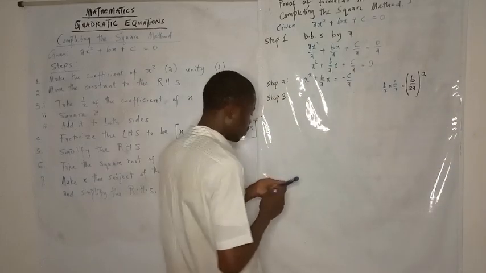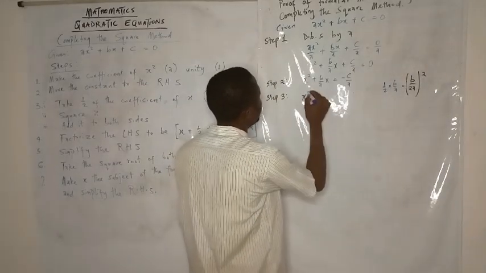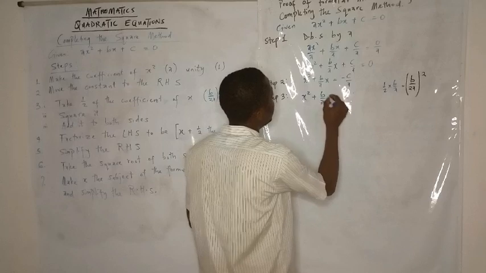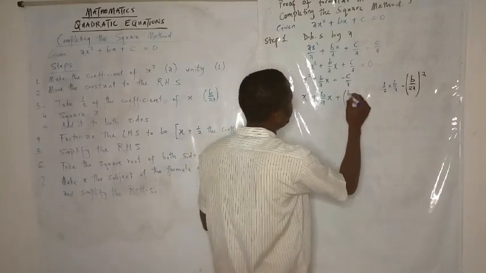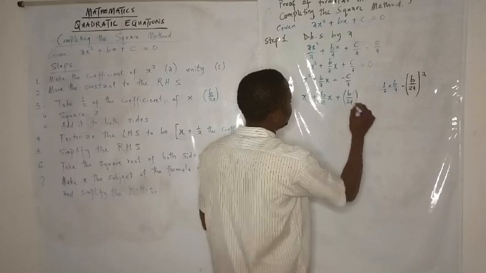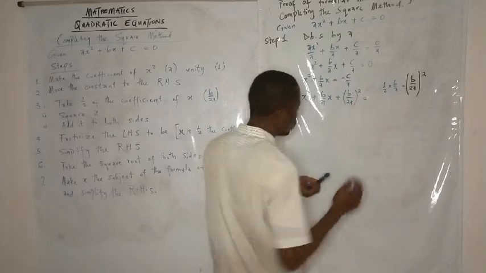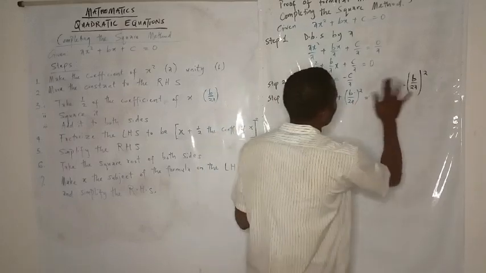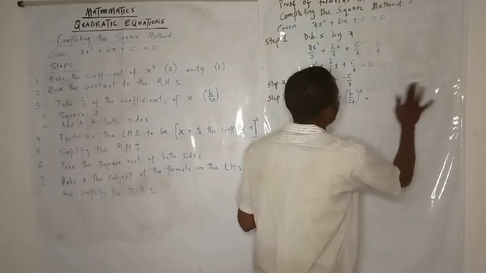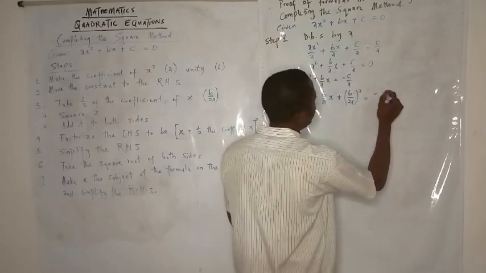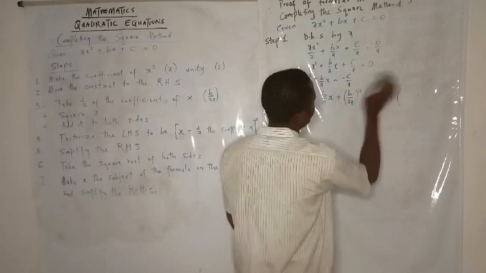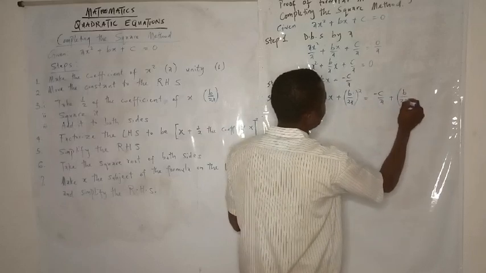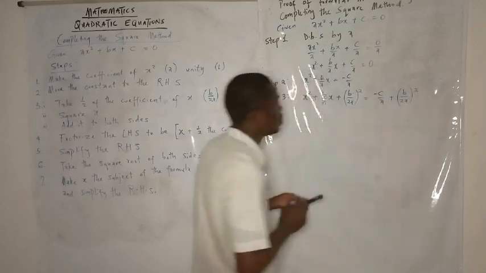In step 3, we have x squared plus b over a x plus, we open our bracket, b over 2a all squared, equal to minus c over a plus, remember that we are adding this to both sides, b over 2a all squared.